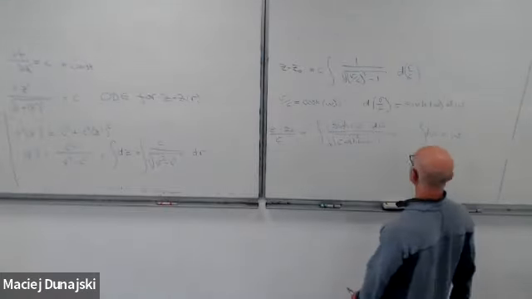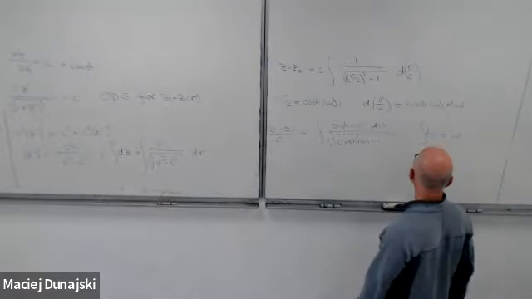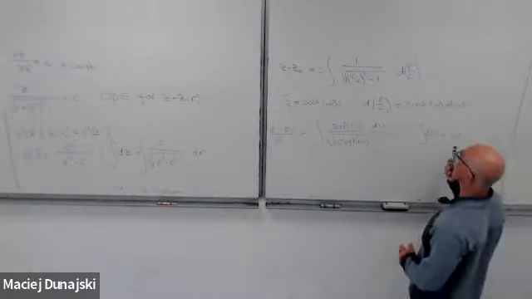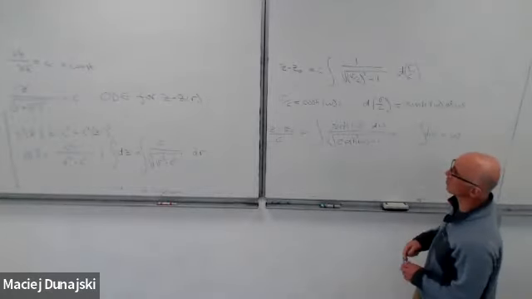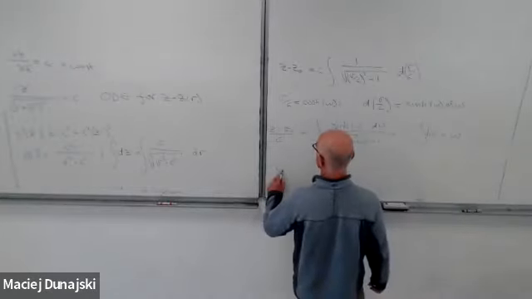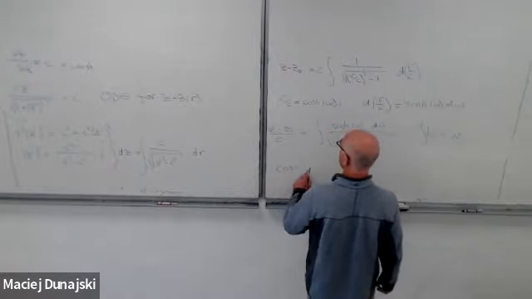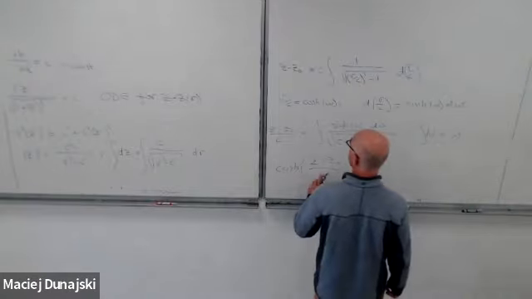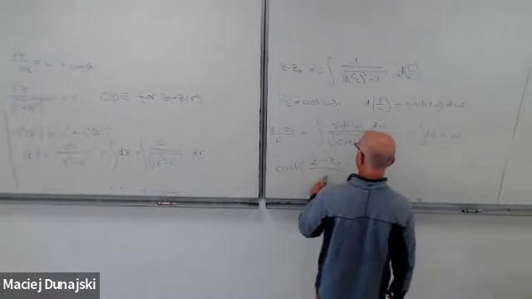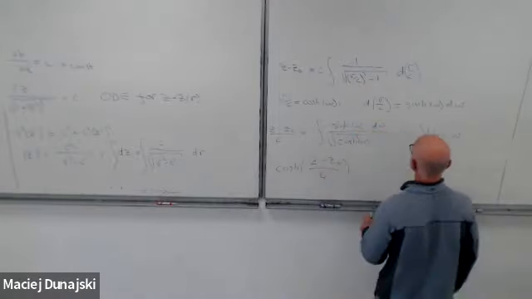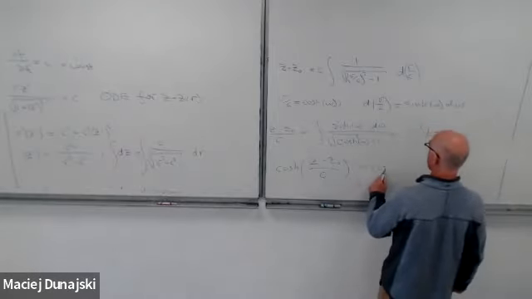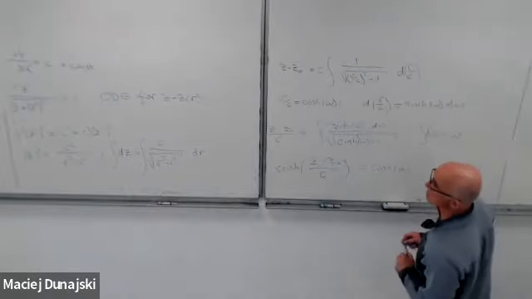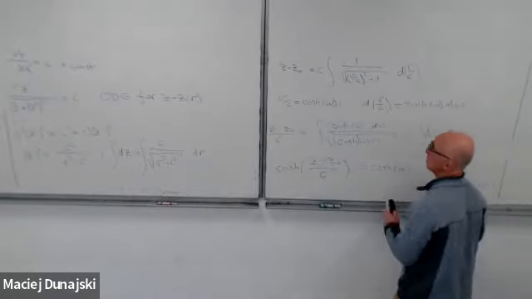Okay, so the best way for me to proceed now is to take this equation and take cosh of both sides. So I say cosh of Z minus Z0 over C is cosh W, but cosh W is R over C. So I think I've solved it.